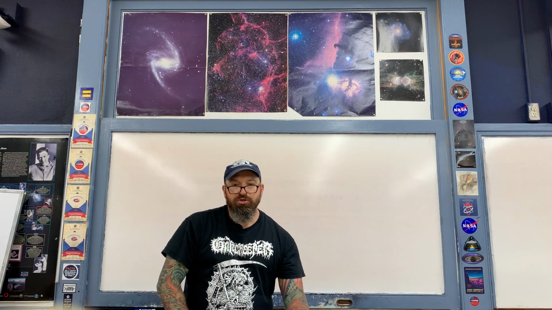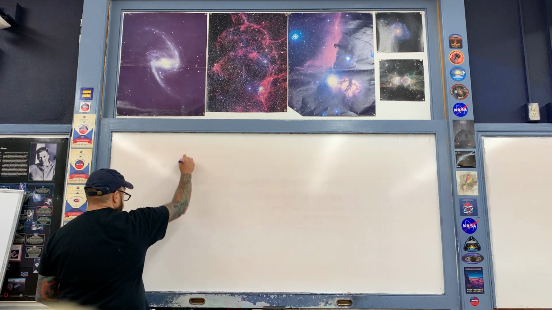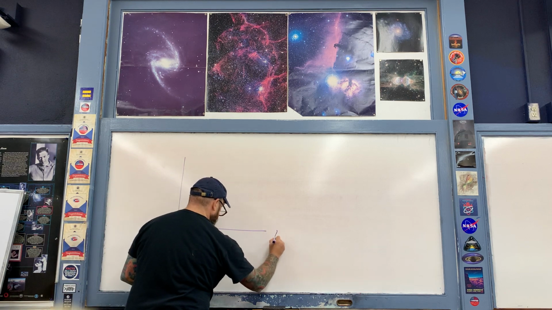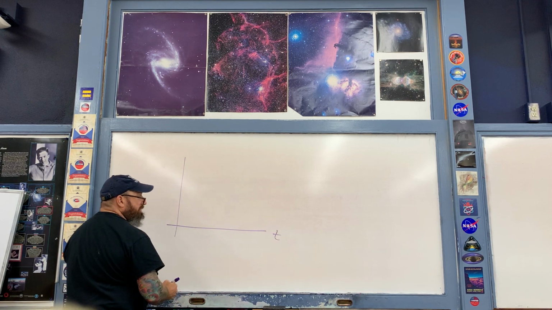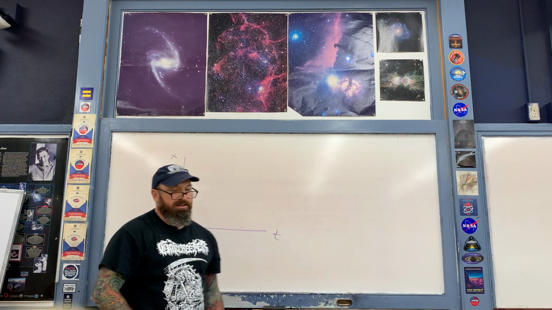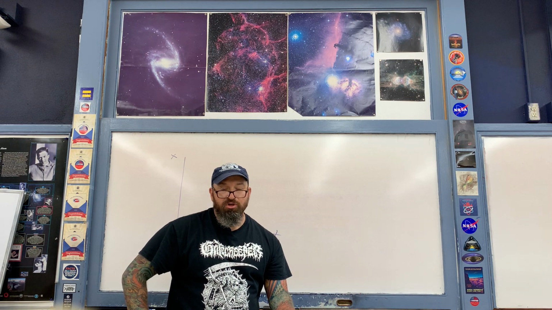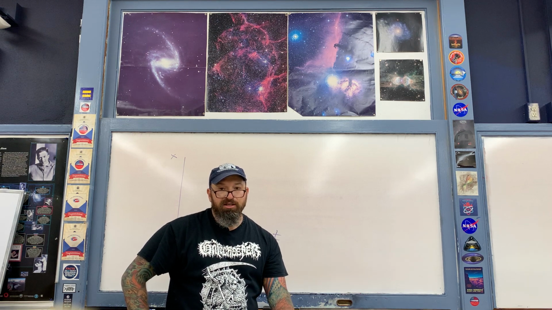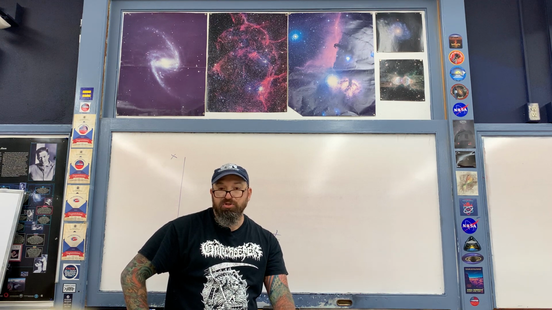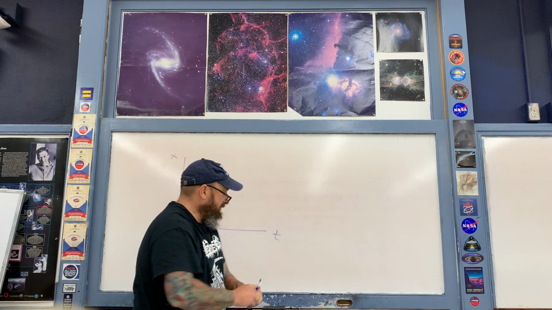Let's say that we construct the following graph, the position of an object as a function of time. So time along the horizontal axis and position x here on the vertical axis. And so let's say that an object is undergoing some sort of one-dimensional motion and its position as a function of time traces out some sort of smooth curve, some sort of function, for example, like so.